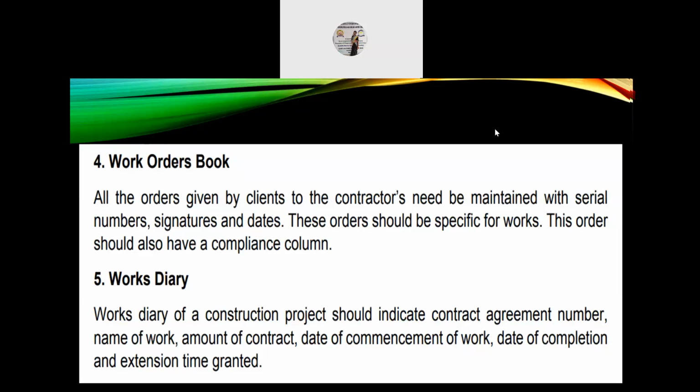Next, works diary or worker's diary. The works diary of a construction project should indicate contract agreement number, name of the work, amount of contract, date of commencement of work and date of completion and extension of time granted.